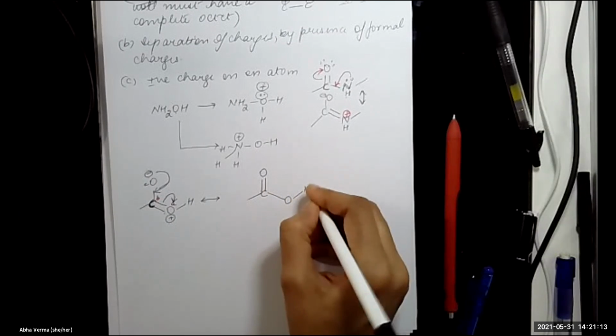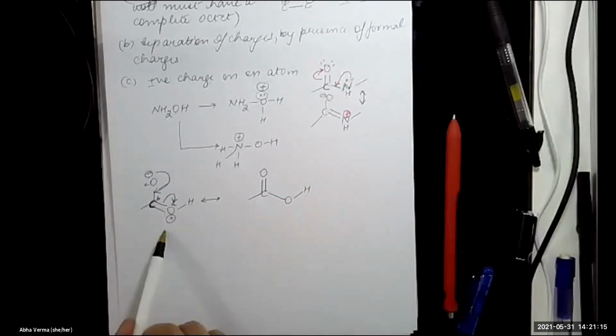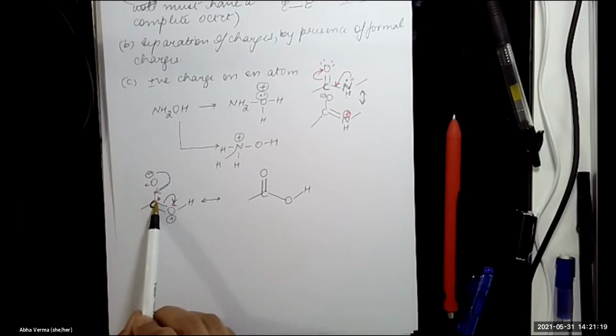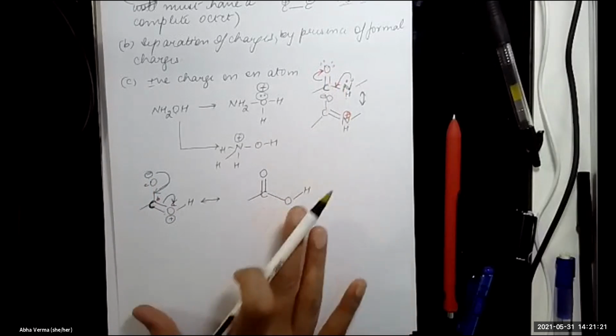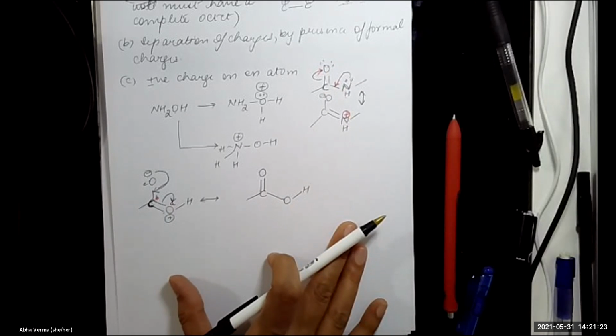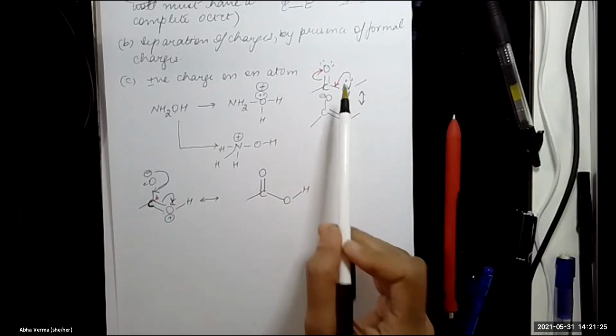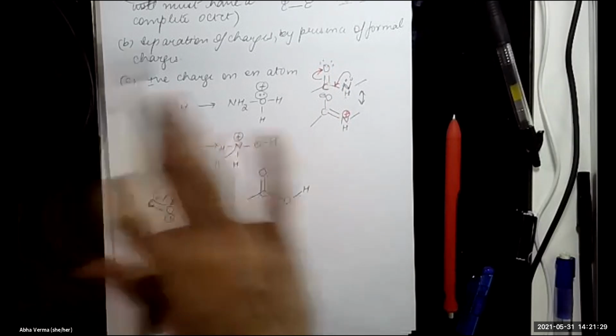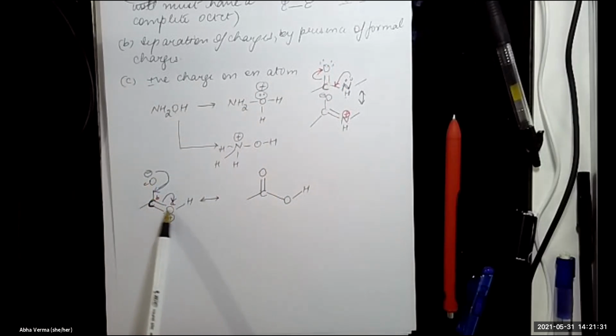Will any other movement of electrons happen? If you look, these three atoms were actually involved in the spread of electrons. All of the three atoms here have these electrons delocalized over them.